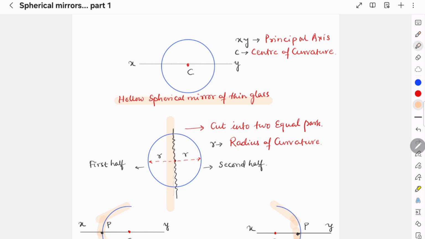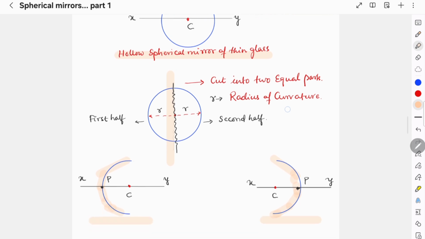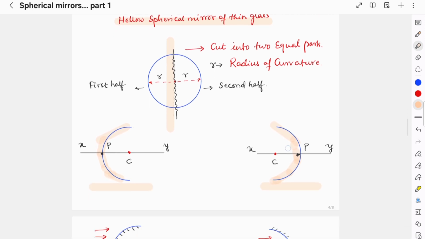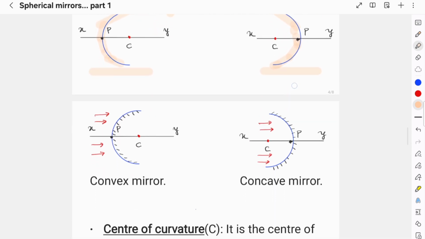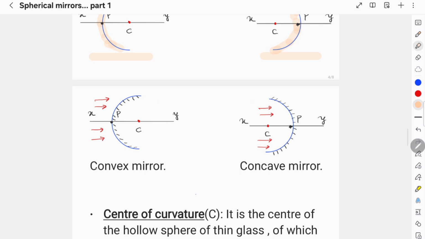So this hollow sphere is cut into two equal parts. One part becomes the convex mirror and the other part becomes the concave mirror. And since they are coming from the same mirror, they'll have the same center of curvature and the same radius also.